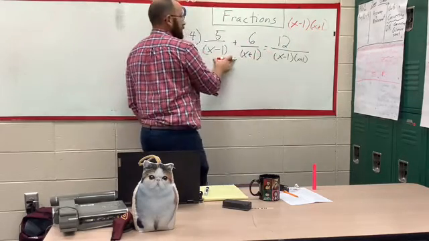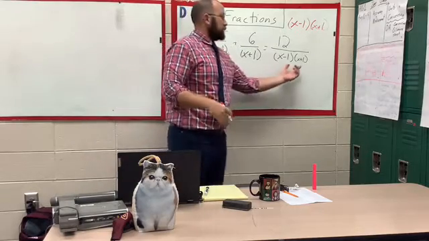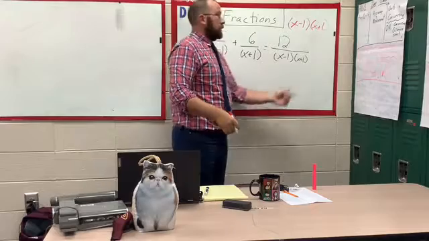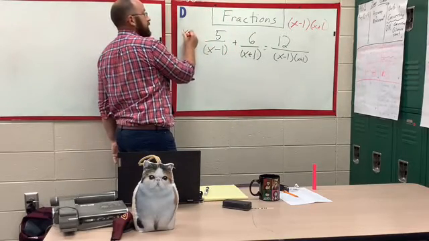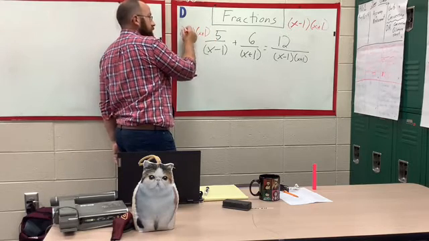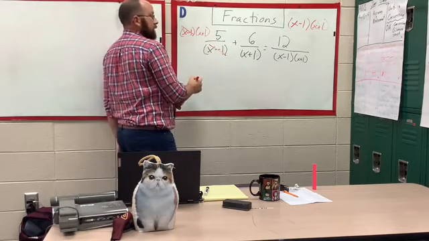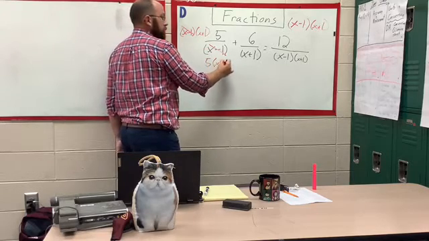All I did was take these, and I'm going to multiply everything through by it, because that's what this is right here. So when I multiply this, let me erase that, by x minus 1 times x plus 1, this and this cancel out. So then I'm left with 5x plus 1.